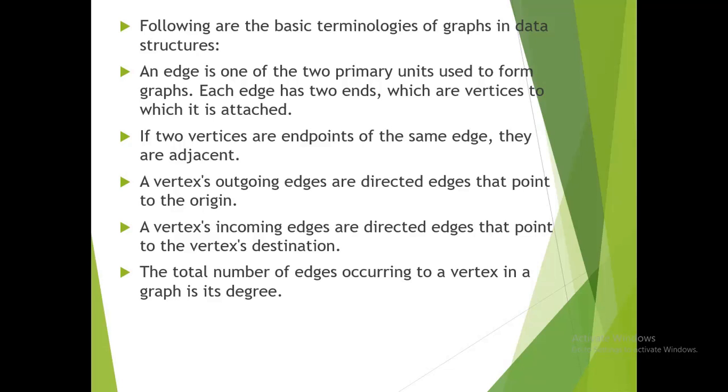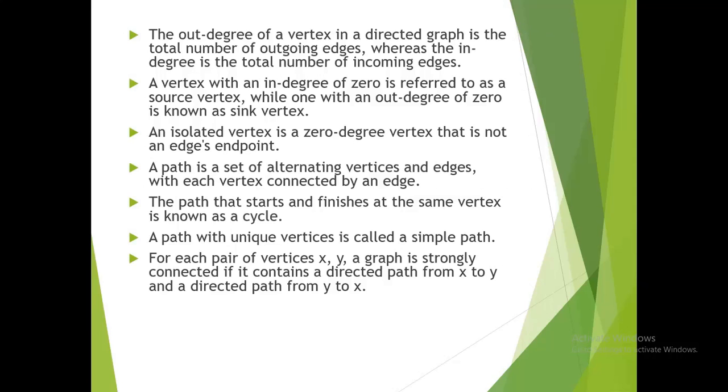The total number of edges incident to a vertex in a graph is its degree. The out degree of a vertex in a directed graph is the total number of outgoing edges, whereas the in degree is the total number of incoming edges.